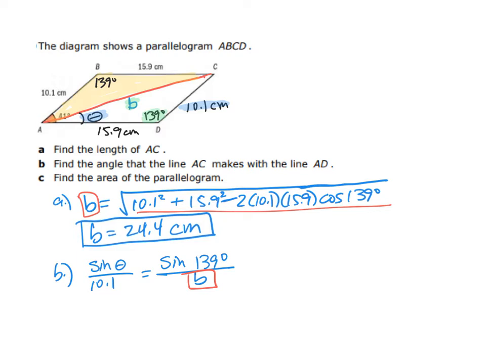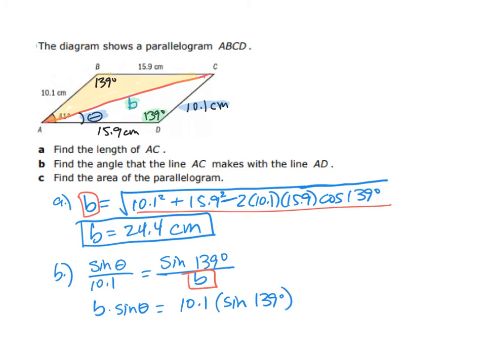So now, let's cross multiply. Let me show a little more algebra this time. So if we cross multiply, we're going to have b times the sine of theta is equal to 10.1 times the sine of 139 degrees, okay?